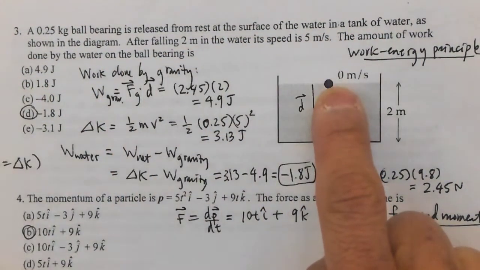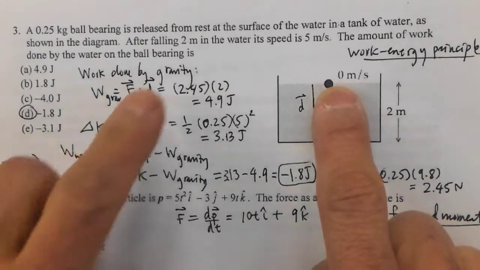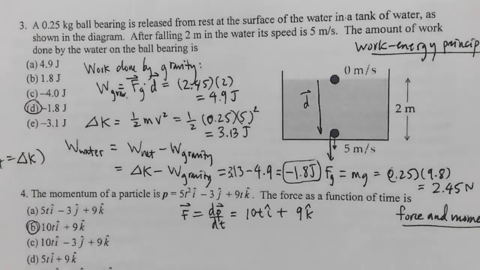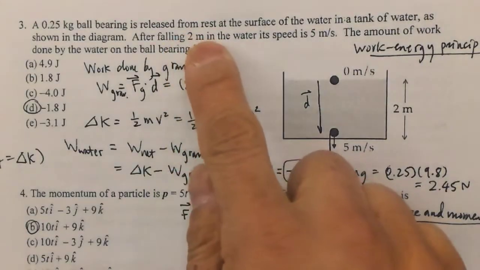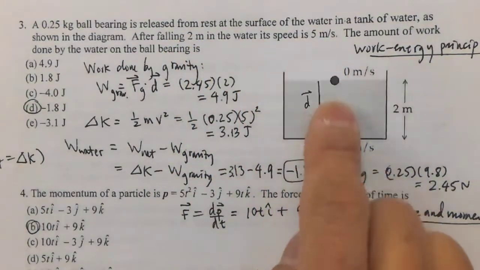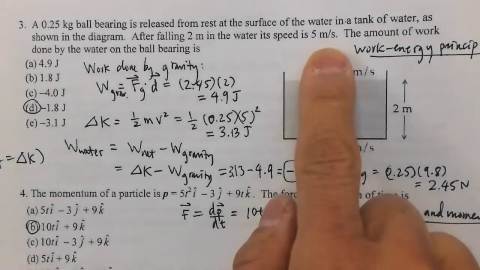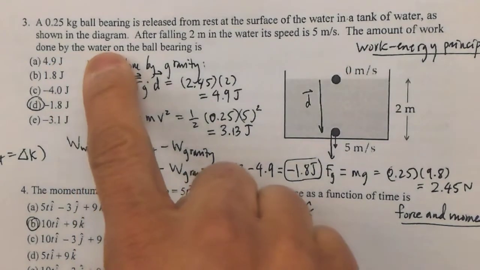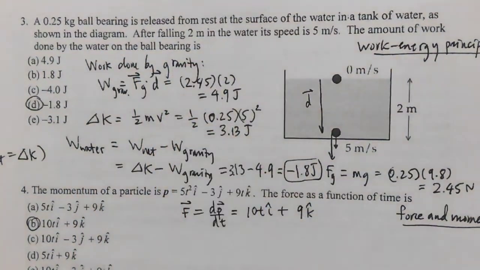So it's released here from rest. After it falls 2 meters, so it's a pretty deep tank, you can think of maybe a swimming pool or something, its speed is 5 meters per second. The question is, what is the amount of work done by the water on the ball bearing?